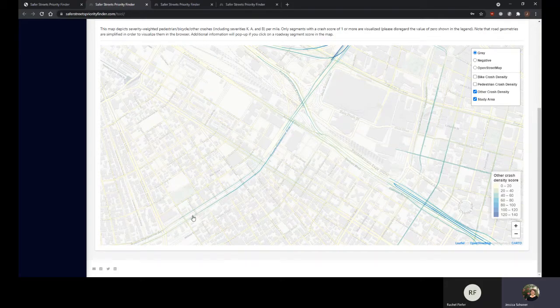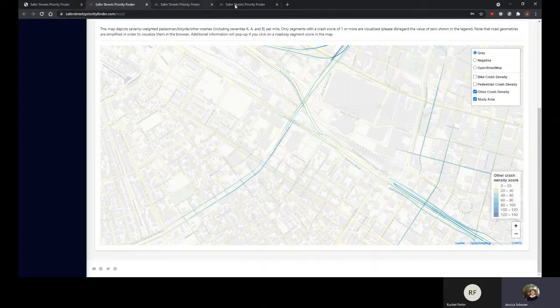And so that means crashes happening along this road are only being assigned to half the road. And so it's twice the mileage, and it may be underestimating risks. So here we have this divided road with already kind of a medium or high level of crash density showing up from our analysis. You can assume that it may actually be higher because the divided road is making it look a little lower than it is.